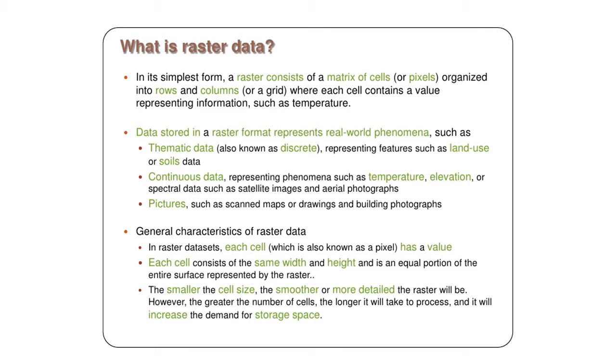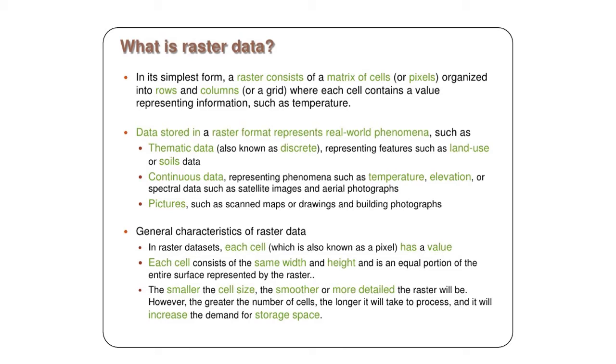Now, soil data will be continuous data, like a polygon you can say, because 1 acre, 2 acre, 10 acre of sandy soil or clay soil, he is talking about that. Continuous data represent phenomena such as temperature, elevation, or spectral data such as satellite images and aerial photographs.